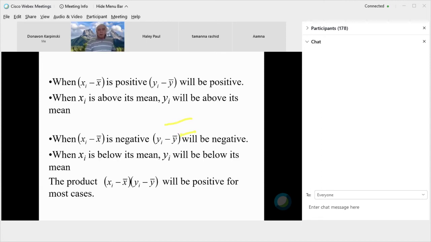So when there's a positive relationship between x and y, the two deviations from the mean will both be positive. When one is negative, the other one will likely be negative. The product will be positive.